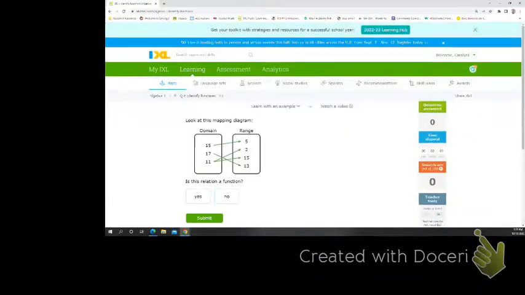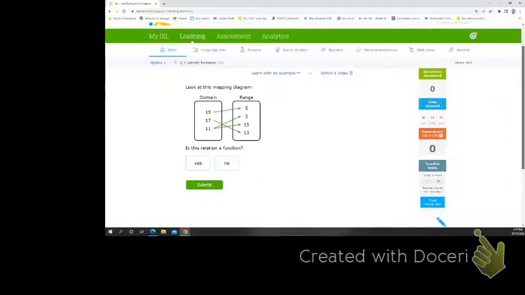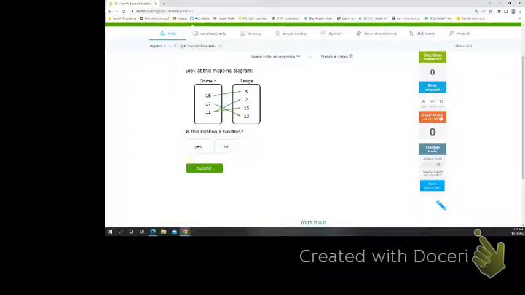So Q4, this is just yes or no questions. Please pay attention so that it does not get frustrating. So is this a function? I see two things coming out of 11, so the answer is no. If I have a graph, I don't want any points right above one another.